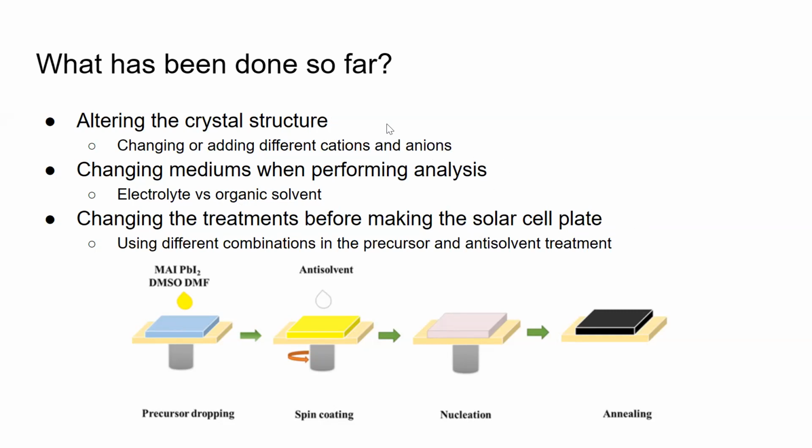Usually it's altering the crystal structure and one variable at a time, or these were all different papers focusing on different things. Lots of people altering crystal structure. I personally like the idea of changing treatments before making solar cell plates. I think it's pretty cool.